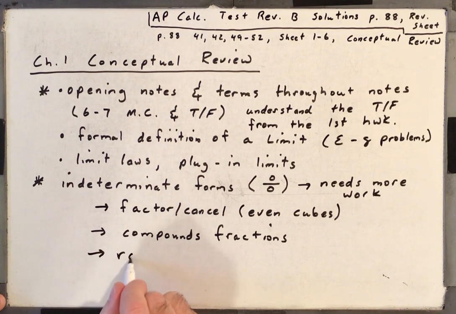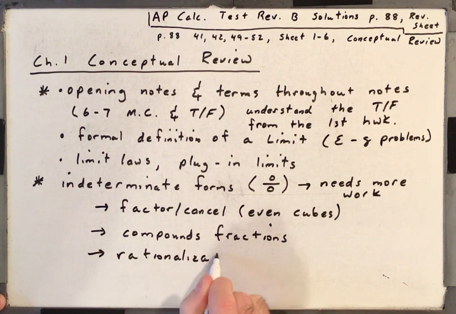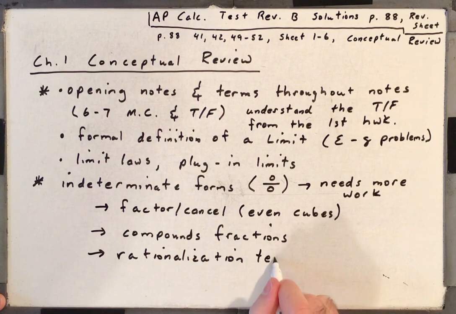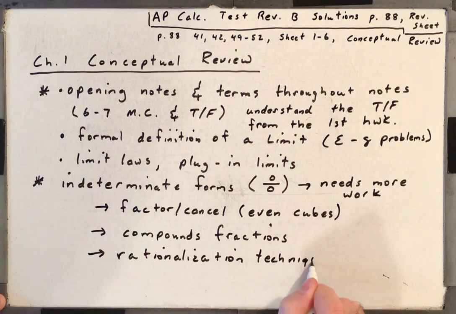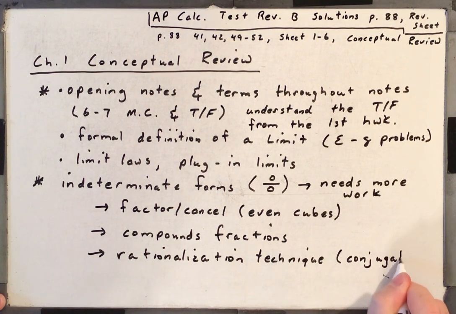The rationalization technique. Well, that is when you have to multiply by that clever version of 1 using the conjugate. So that's when you have a radical.